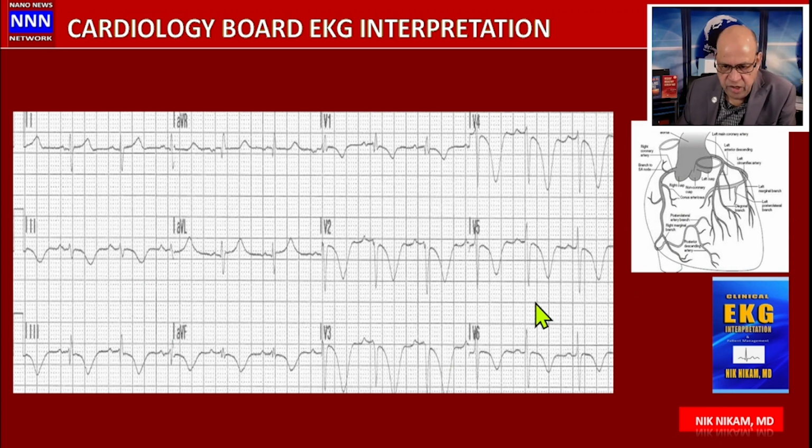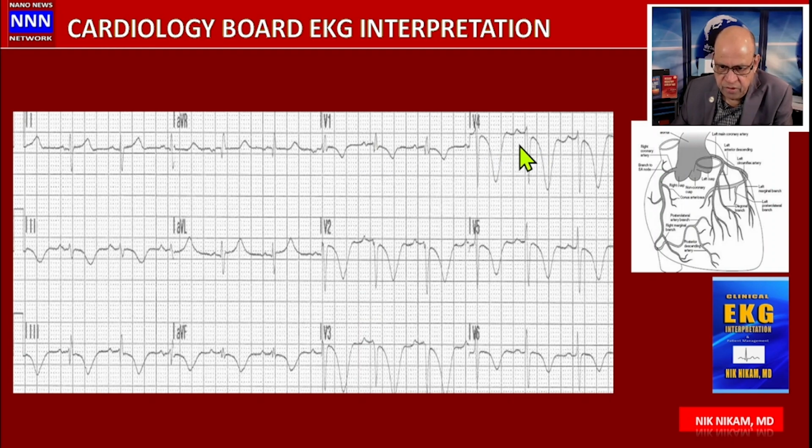And whenever we see this, we always need to think about the cerebrovascular accident, which is associated with giant negative T-waves. But along with that, we also have loss of R waves anteriorly here, or QS complexes, which suggests an anteroseptal myocardial infarction.